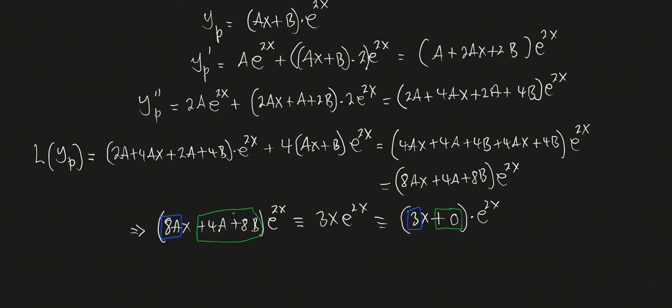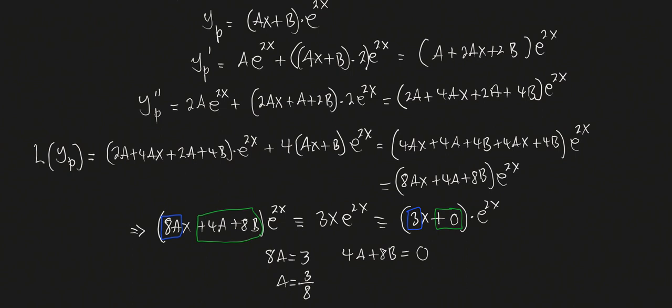So we want these terms to be essentially annihilated. How do we get that? Well, we set up our system. So 8a equals 3. That means a is 3/8, right? And then we want 4a plus 8b to be equal to 0.